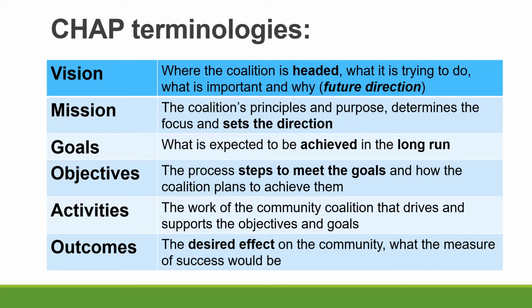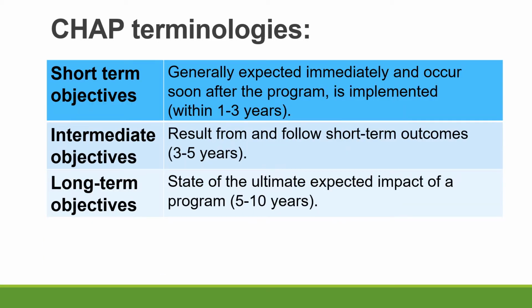Next are the outcomes. When we say outcomes, these are the desired effects on the community. So what measures of success would be the outcomes? We also have your short-term, long-term, and intermediate objectives.